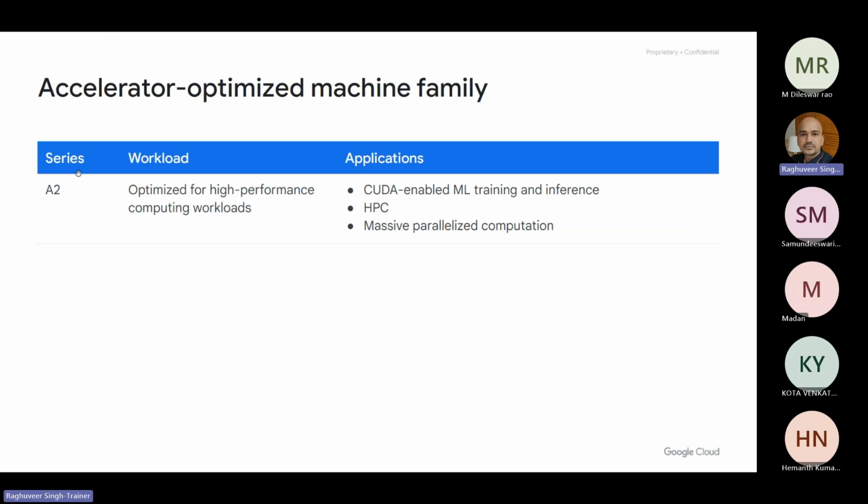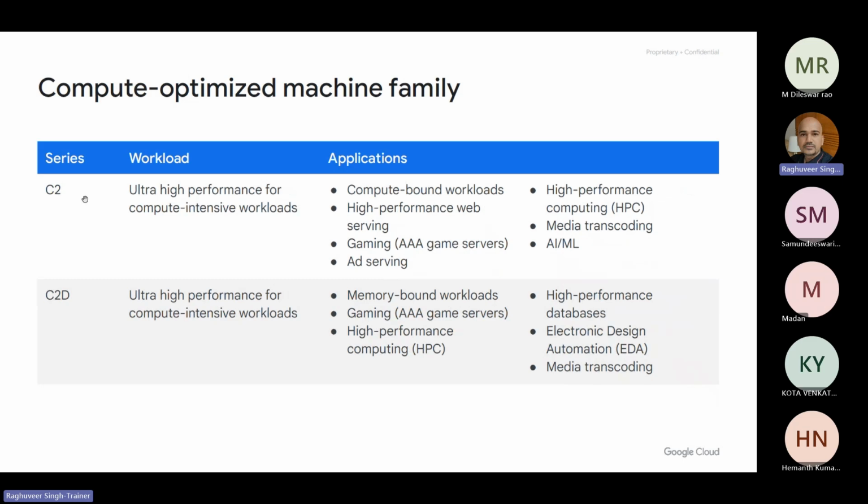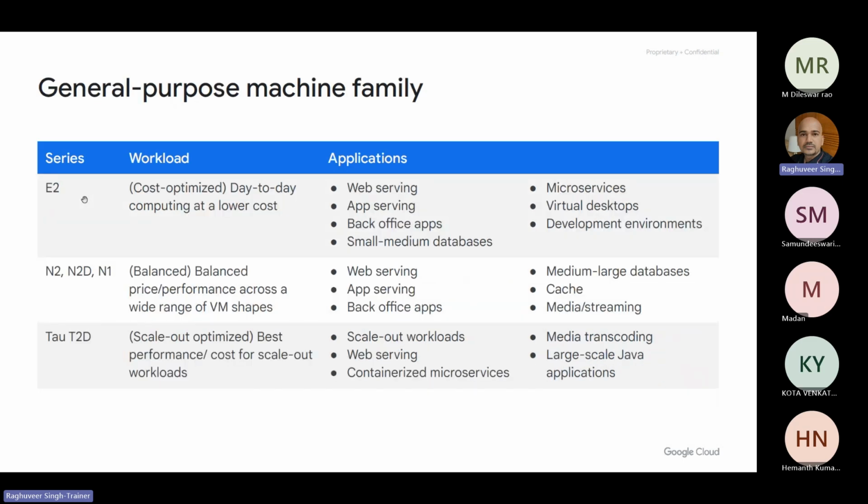Then you have accelerator optimized, when you need high performance compute, massively parallelized computations, and ML training and inference. So it is optimized for high performance computing workloads. And the A2 series is there. Now the question is, what should you start with? You must always start with general purpose.